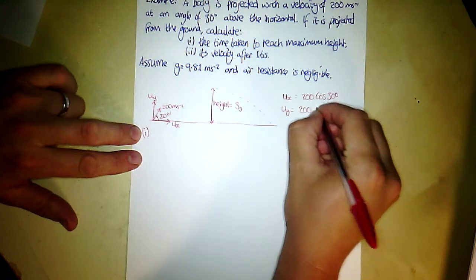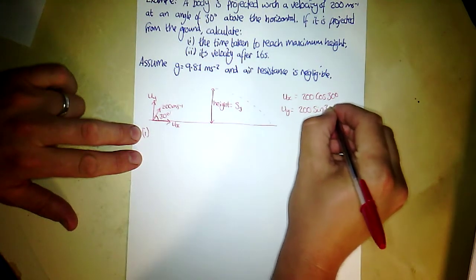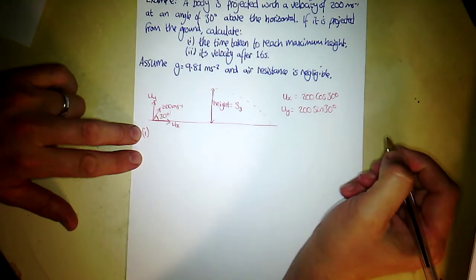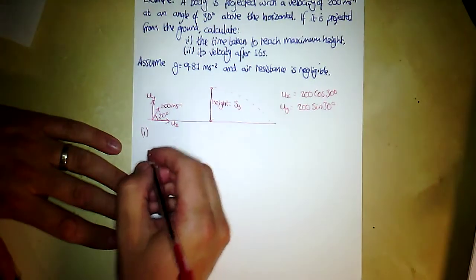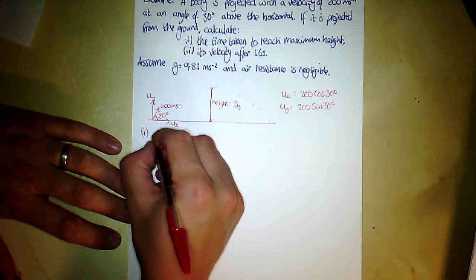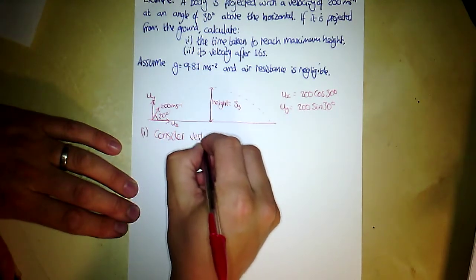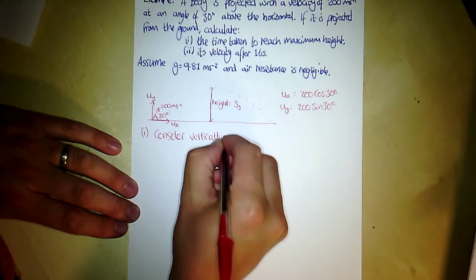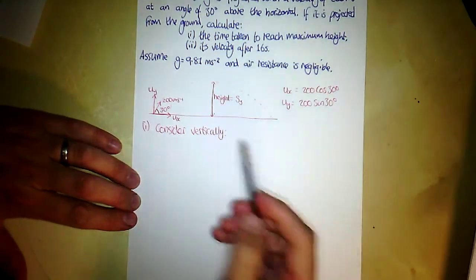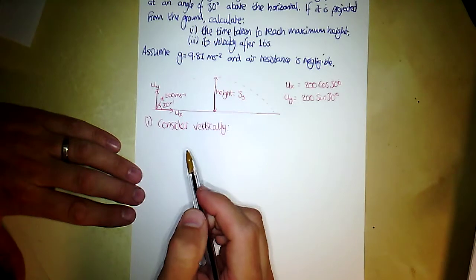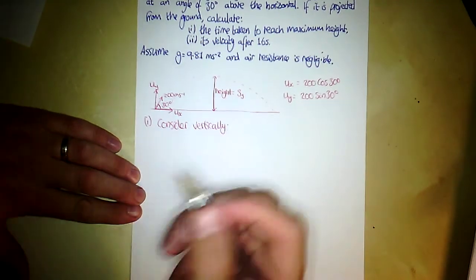So I've got 200 sine 30 degrees. So we consider vertical. We write down our variables, our things that we know.